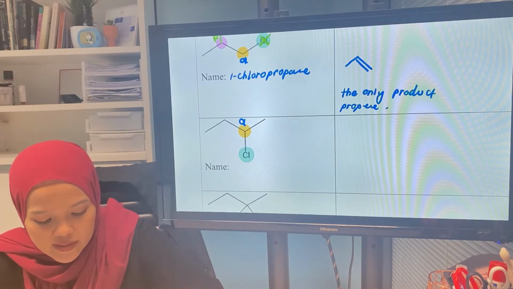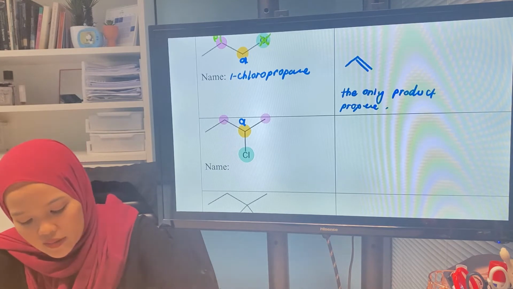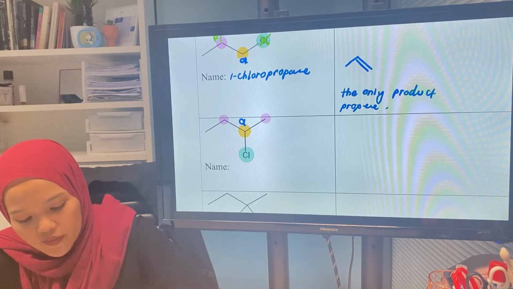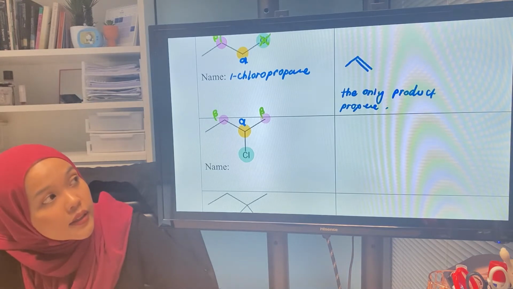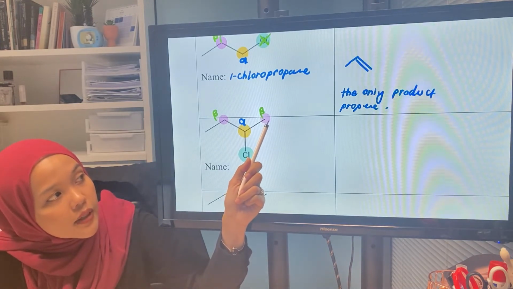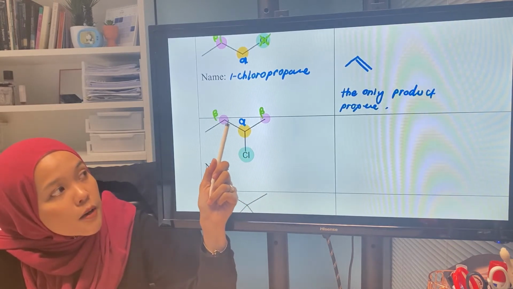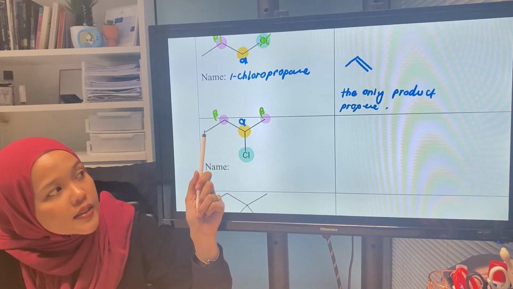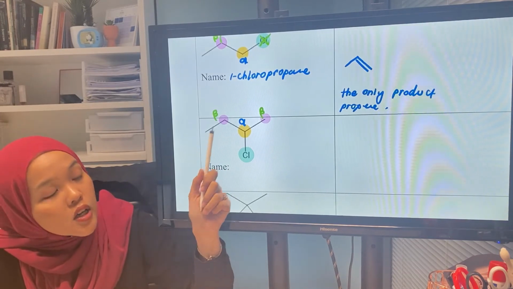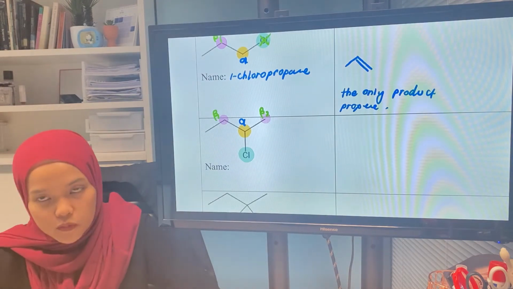In this case, there is a carbon here and a carbon here. Can you see it? This is a beta carbon and this is a beta carbon. This beta carbon is different because it is CH3, but the beta carbon here is CH2 because another CH3 is attached to it. So I'm going to name them beta 1 and beta 2.